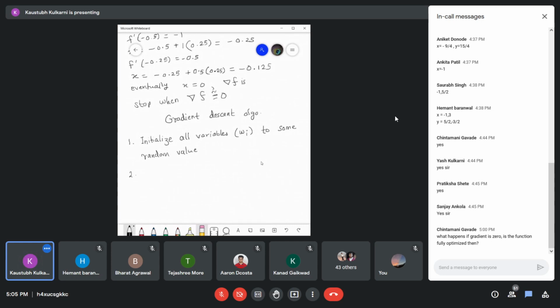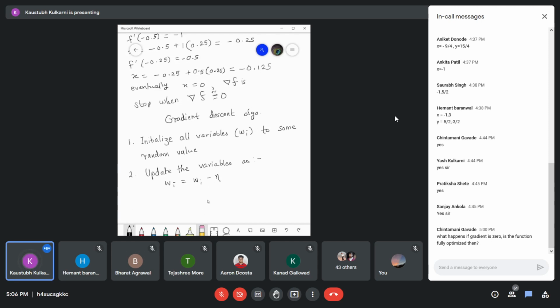Calculate the gradient of the function, and update the parameters. So update the parameters or update the variables as, so first for this you'll have to calculate the gradient first. So w_i is equal to w_i minus, so this you can actually perform in a vector form, so I need not even write i in this case.